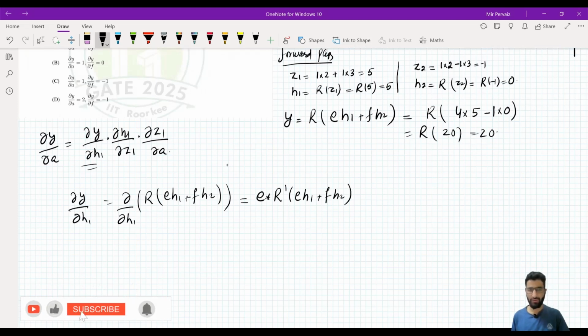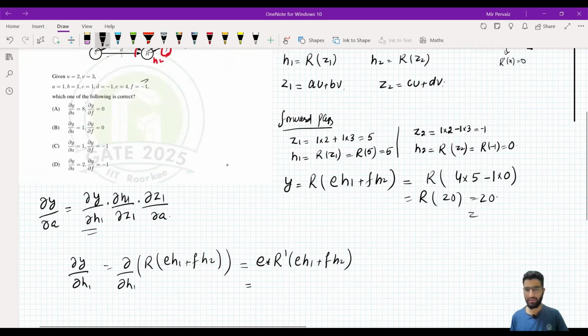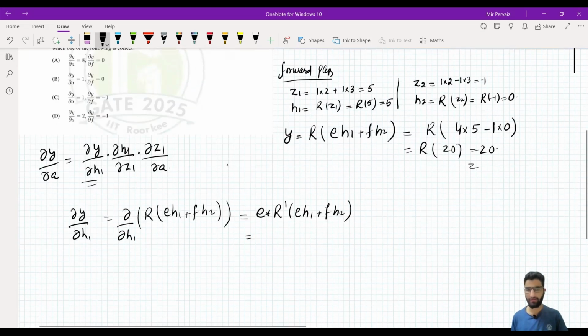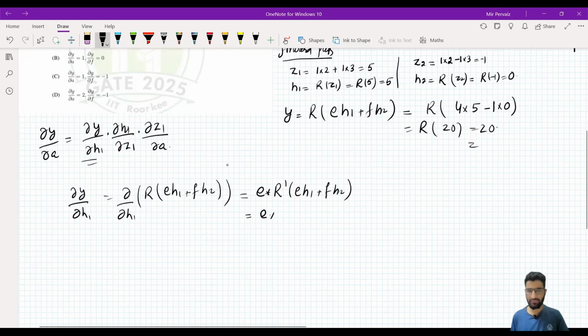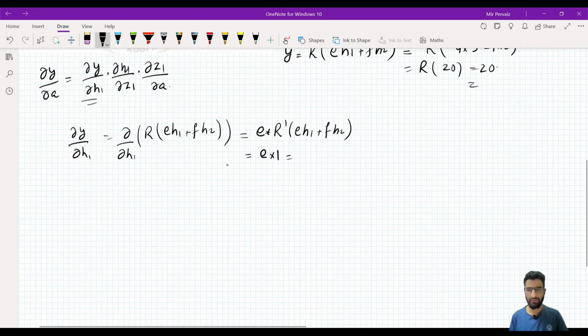And in the forward pass, at these parameters given, we know that the ReLU function is having the value 20, so its derivative will be 1. So this will be E times 1, and the value of E is 4, so this will be 4. Now this part is calculated.